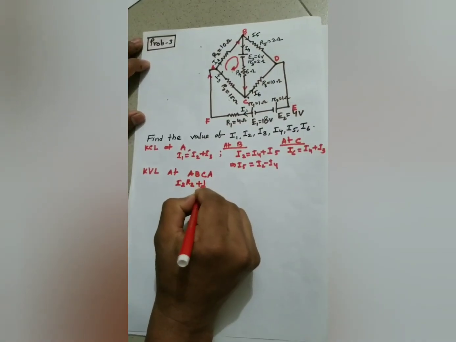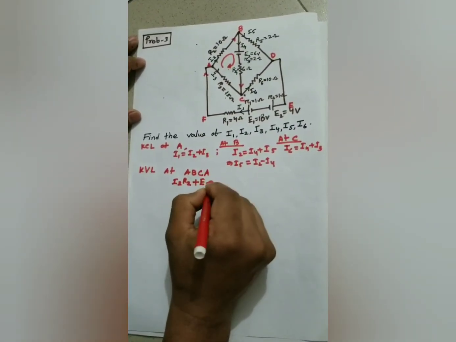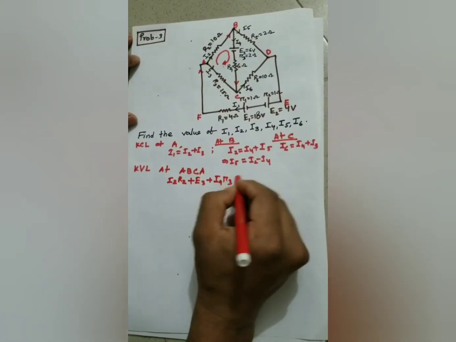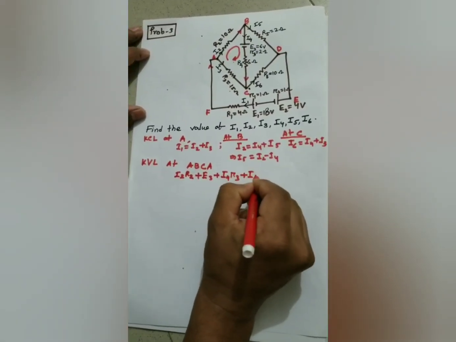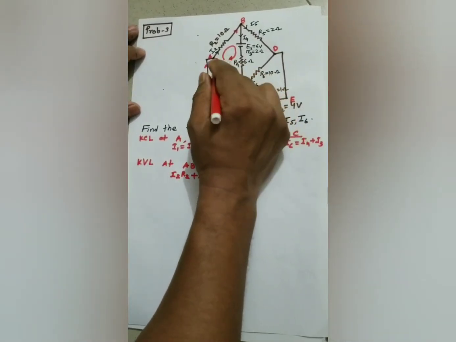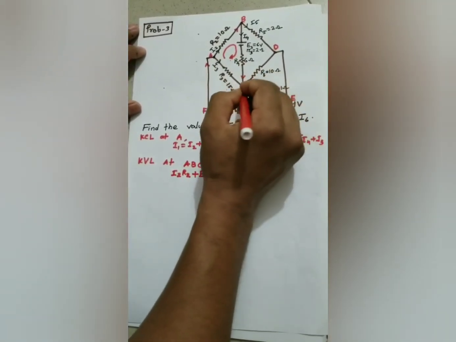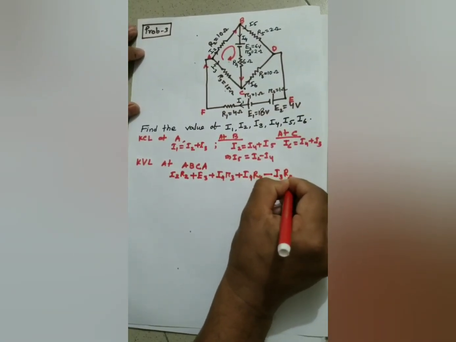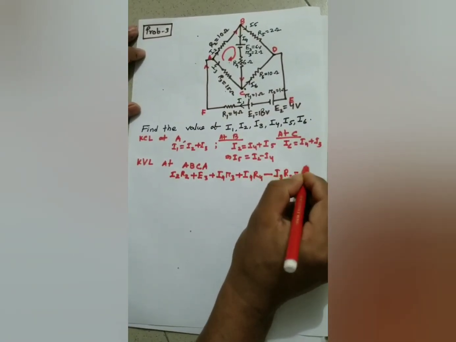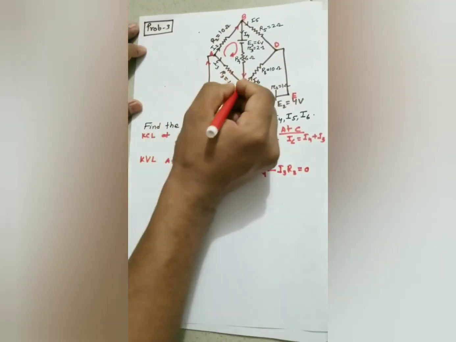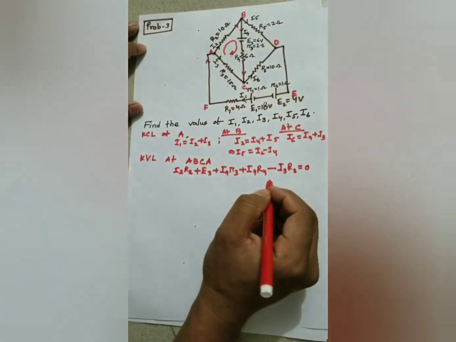So plus E3 plus I4 r3 plus I4 R4, and when we move C to A, minus I3 R3 equals 0, because I3 is coming A to C and we are moving C to A.